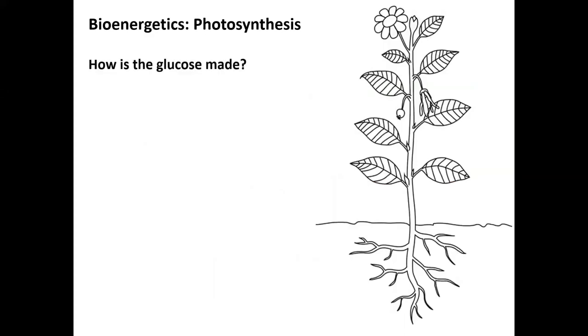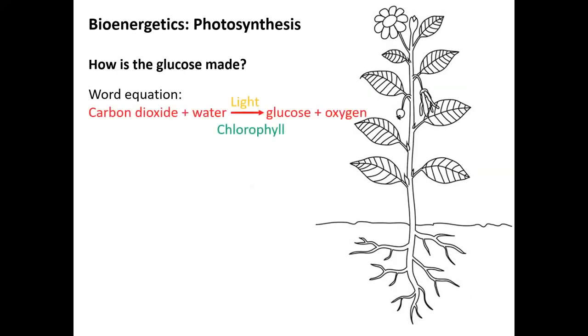So how is this glucose produced? This is the first thing on your new knowledge sheet that you need to write down. Basically, carbon dioxide has to react with water to produce glucose and also oxygen. Now, for this to happen, you also need light energy.